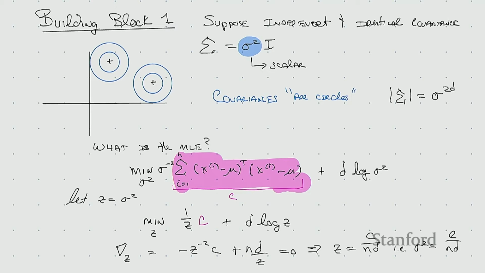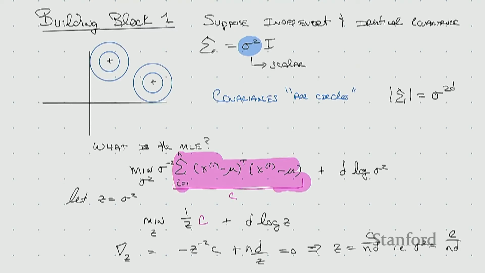Let's see our second building block. There are not lots of building blocks, there are 2. All right, building block 2. So sigma is going to look like this.